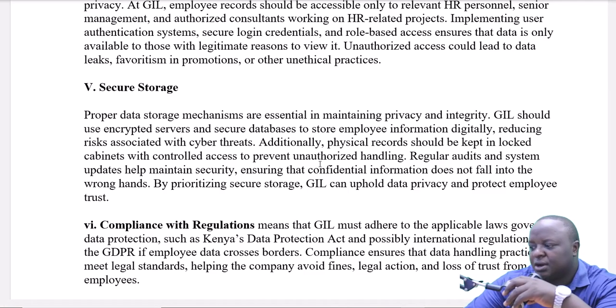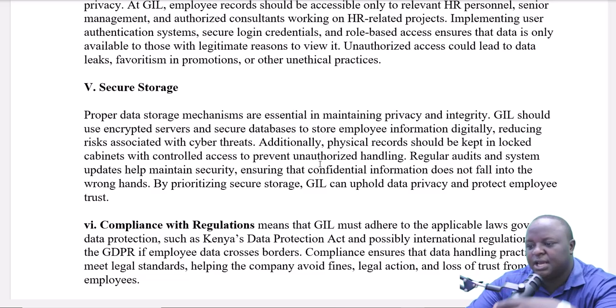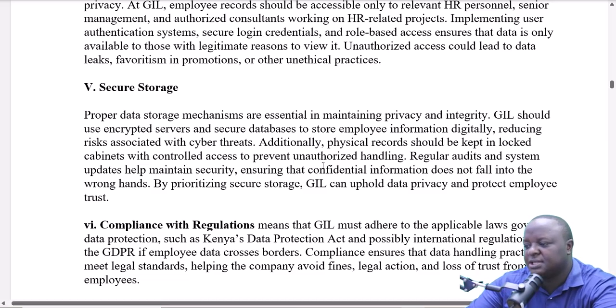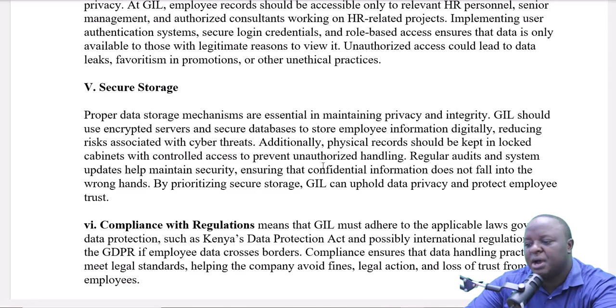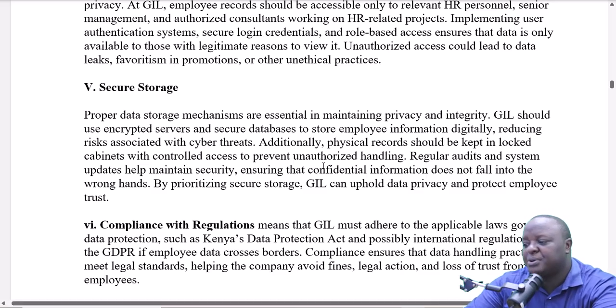Regular audits and system updates help maintain security, ensuring that confidential information does not fall into the wrong hands. By prioritizing secure storage, Guild can uphold data privacy and protect employee trust. So there must be secure storage.